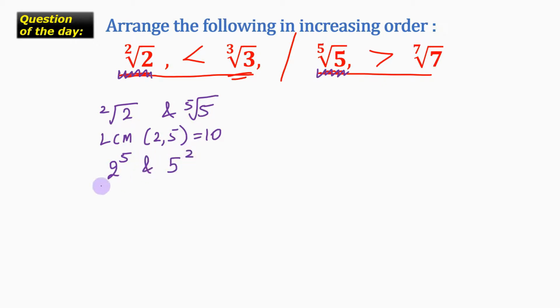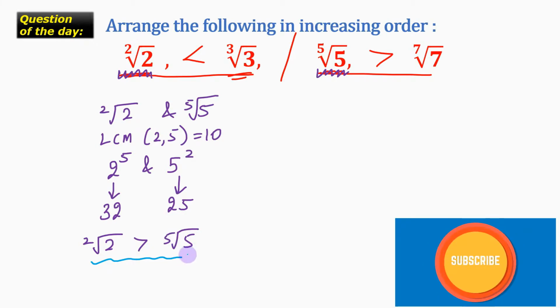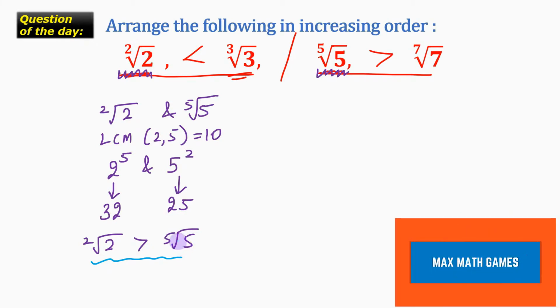So we have to compare these two values. 2 to the power 5 is equal to 32, and 5 square is equal to 25, and hence square root of 2 is greater than fifth root of 5. And this is all the calculations that we needed to be able to arrange these values in increasing order.